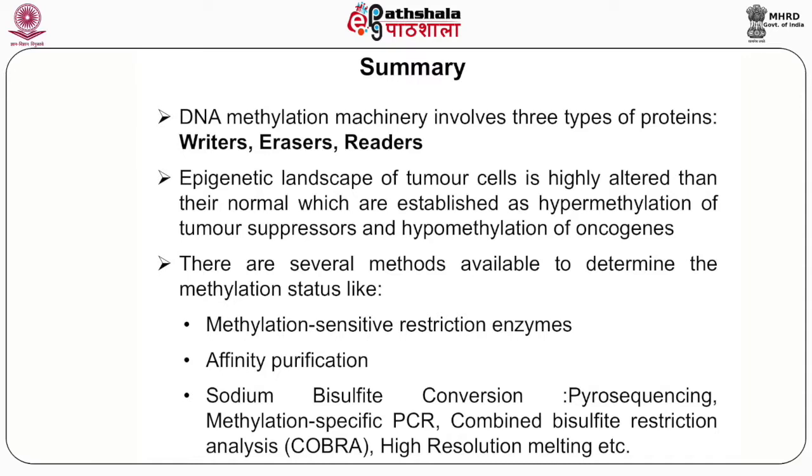There are several methods available to determine and analyze a methylation pattern in a gene, like methylation-sensitive restriction enzyme, affinity purification, and sodium bisulfite conversion based techniques like pyrosequencing, methyl-specific PCR, combined bisulfite restriction analysis, and high resolution melting, etc.